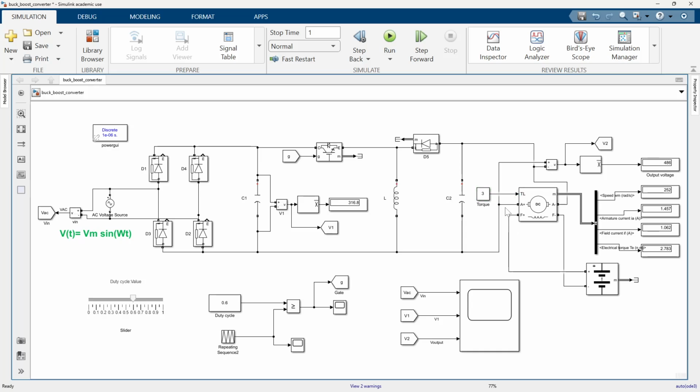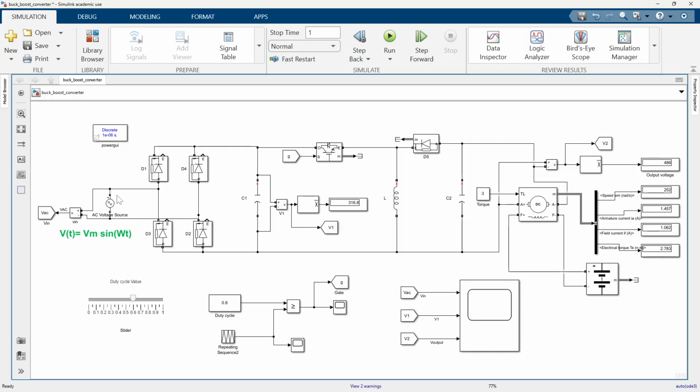This voltage is the voltage applied across the motor, and this information is given to a scope that we will analyze soon. Then using the bus selector, I have other information from the motor, like speed of the motor, armature current, field current, and torque from the motor output.